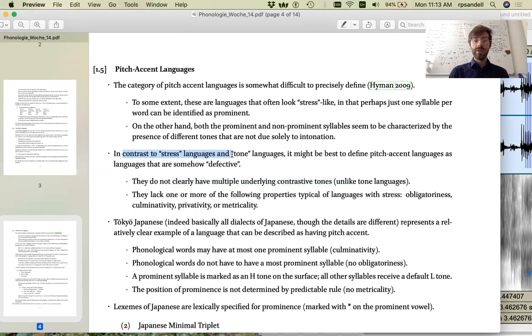And in contrast to stress languages, pitch accent languages often seem to lack one or more of the following properties. Obligatoriness, meaning that maybe a phonological word does not have to have some most prominent syllable. Culminativity, perhaps a phonological word is allowed to have more than one most prominent syllable or several equally prominent syllables.